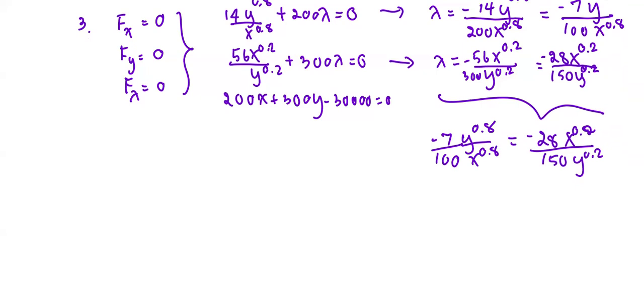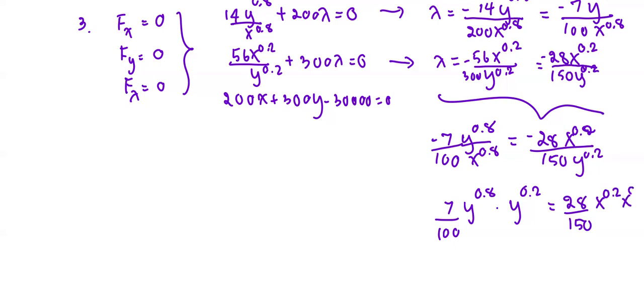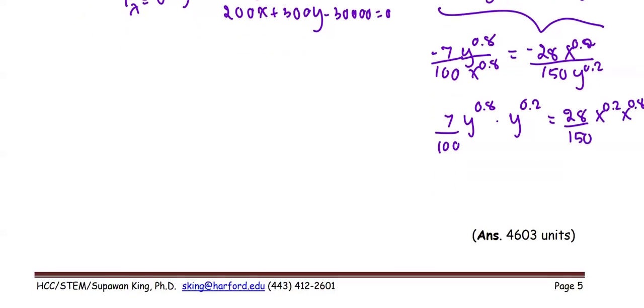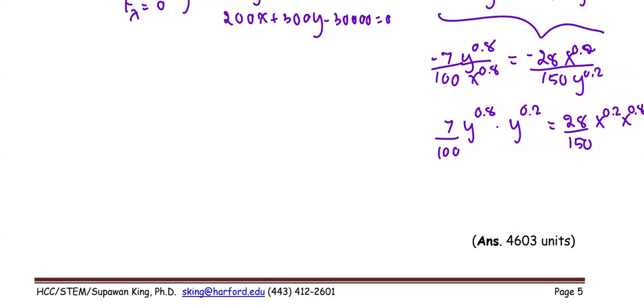So I have 7 over 100 times y to the 0.8 times y to the 0.2 equals 28 over 150 times x to the 0.2 times x to the 0.8. And it's convenient for the Cobb-Douglas production function here. The combination of the powers makes the power 1. So 7 over 100 y equals 28 over 150 x.